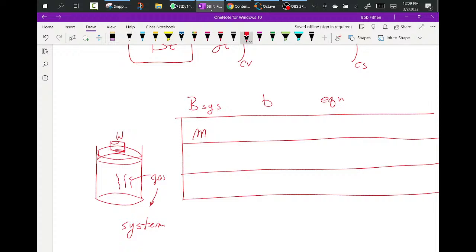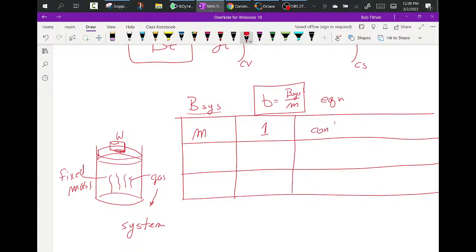So usually it's a fixed mass system. And so what you usually do here, not because of this, but this is a general definition. So this is the general definition of what the little b is. So if you take the big B to be this, this becomes 1, and this becomes a continuity.